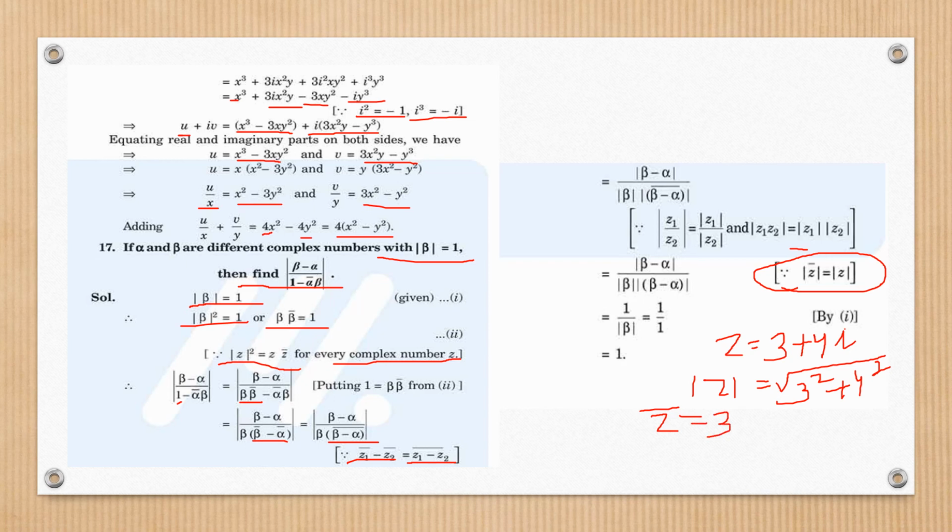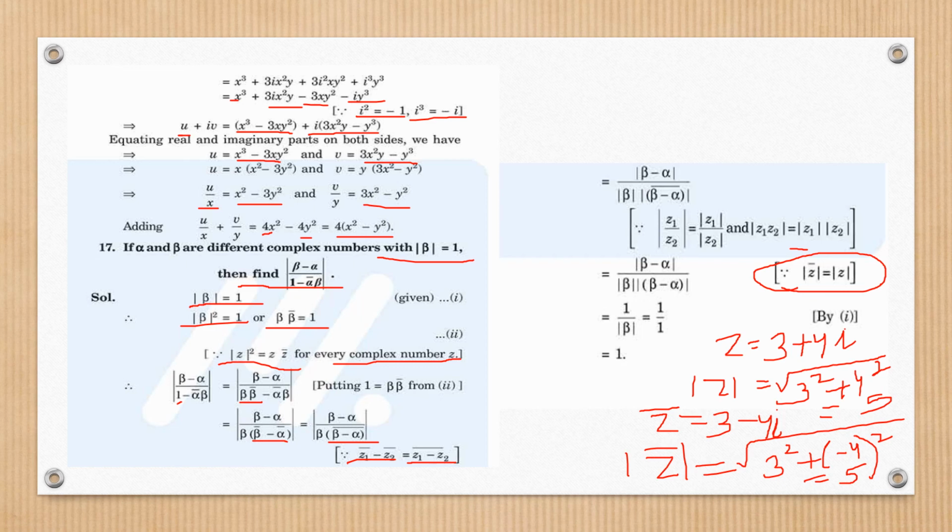It will be 3 minus 4 iota. What will be its modulus? Again 3 square plus (minus 4) square, so 3 3s are 9 plus 4 4s are 16, that is root 25, or should I say 5. For it also the same result holds. So I can say that z mod is the same as z conjugate mod.